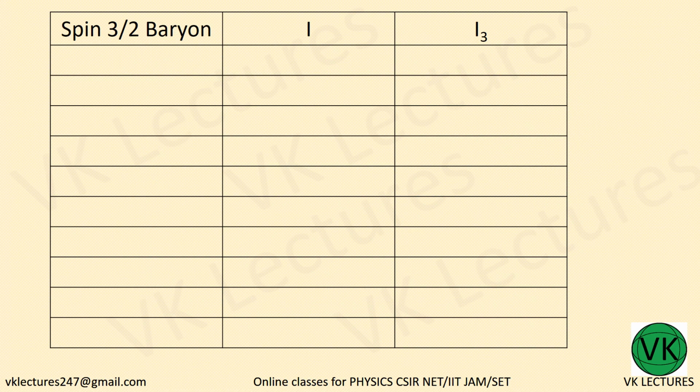For spin 3 by 2 baryons, the particles are delta double plus, delta plus, delta naught and delta minus, which form the 4 particle group.